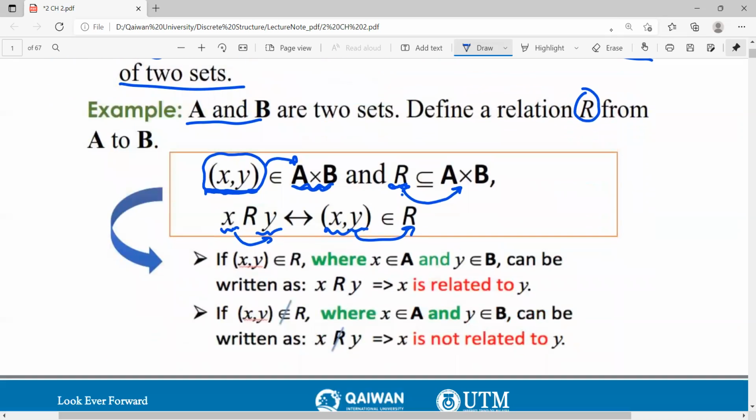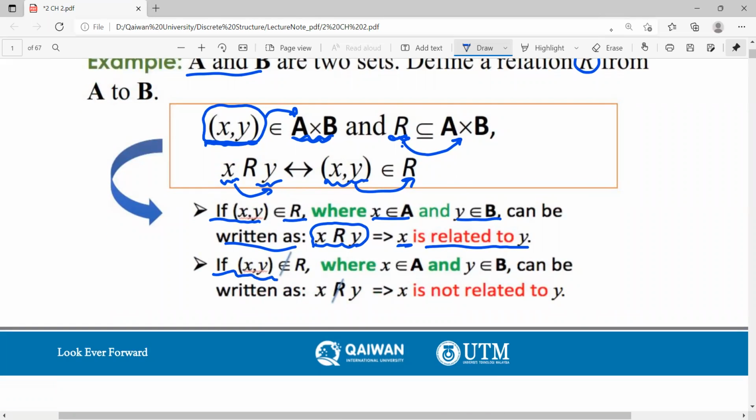We'll talk about this by examples. It will be much clearer. We say if (x, y) is in R, we have x in A and y in B. It could be written as x R y, and read as x is related to y. When you write down x R y, R is the relation between x and y.